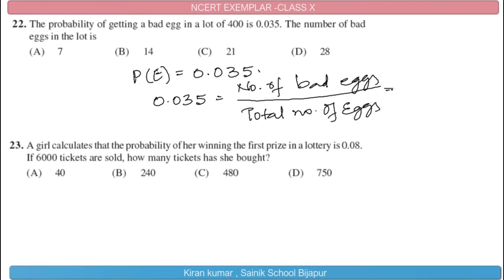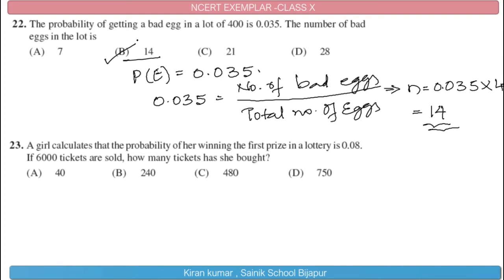They have given the total number of eggs, so the number of bad eggs n will be 0.035 multiplied by 400. We get the product to be 14, so this verifies option B is the right answer.